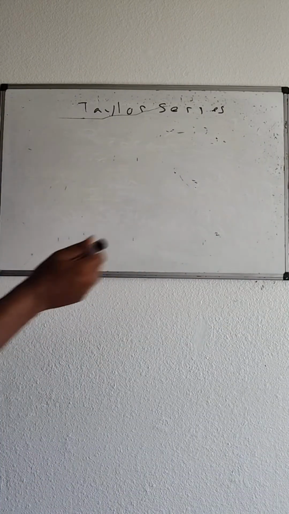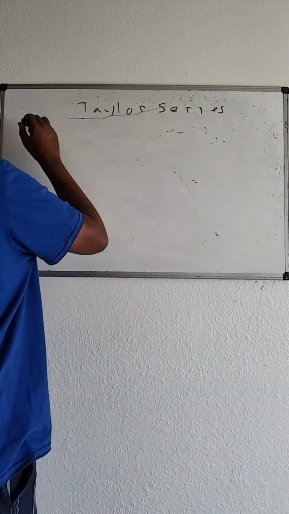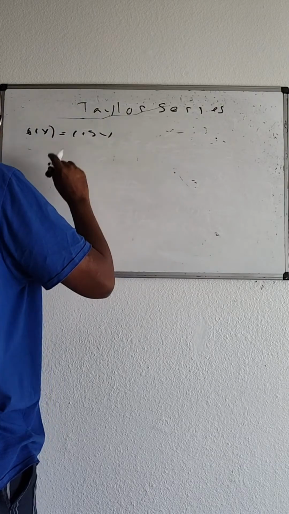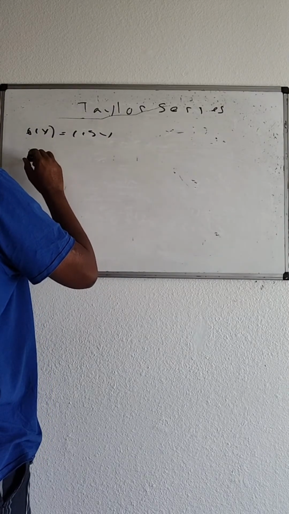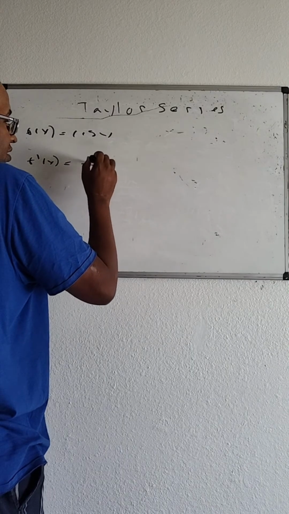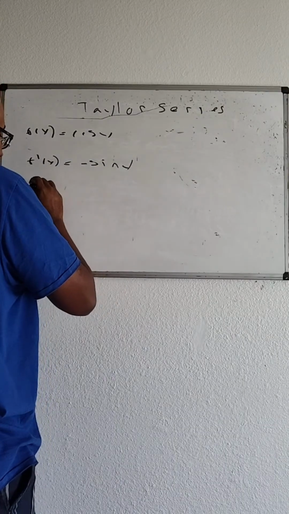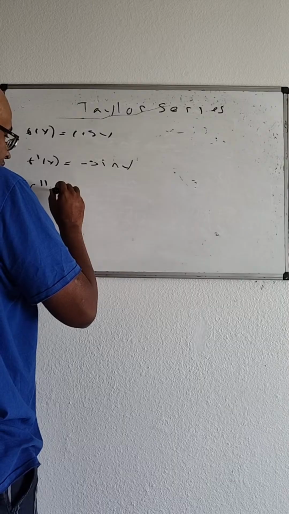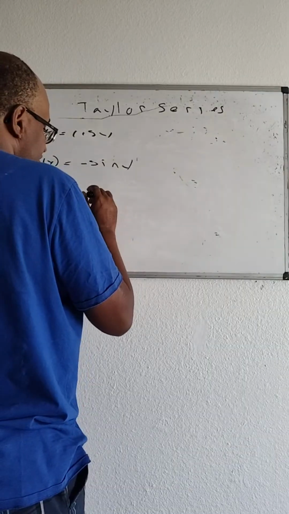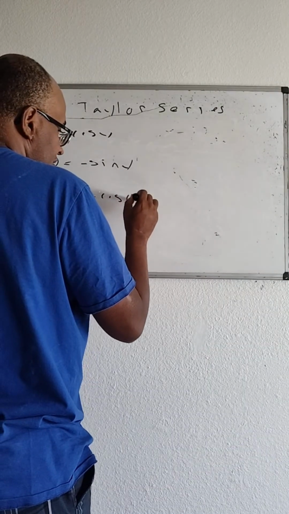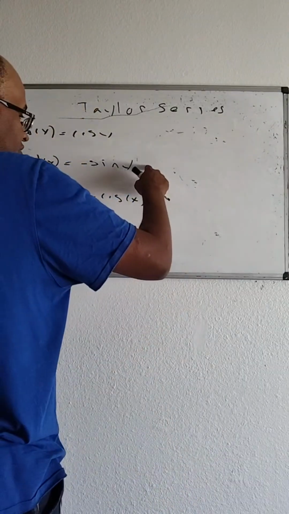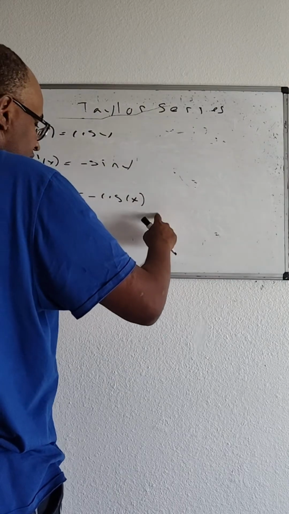Let's do a cool series expansion on the cosine. Okay, so that's our function. The derivative of that equals negative sine. Second derivative equals negative cosine. You with me so far? If I put 0, the sine is going to vanish. If I put 0, the cosine is going to be a 1.